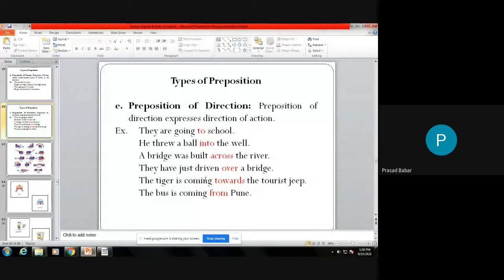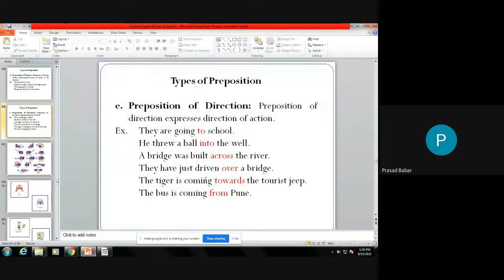They are going towards school. The action is not completed, they are doing that action. That is why they are traveling towards school, and that is why here to is working as a preposition of direction. And the next is, he threw a ball into the well. So where did he throw the ball? Into the well.